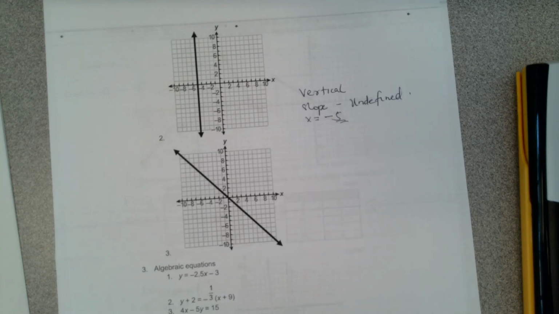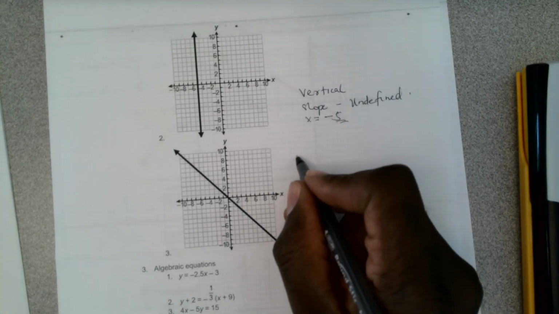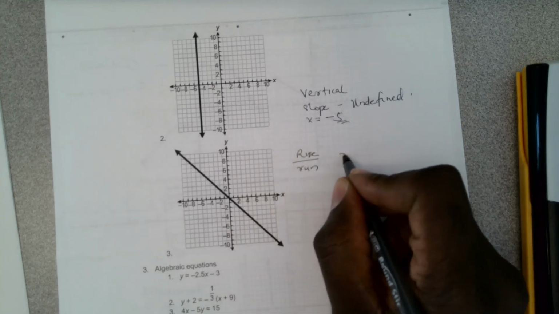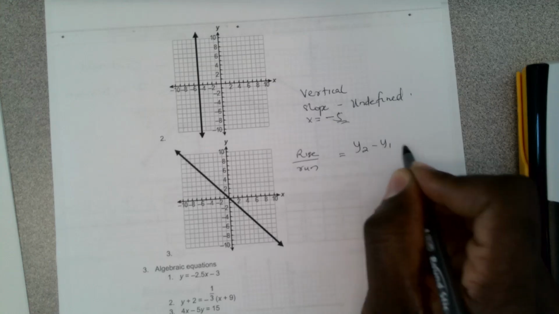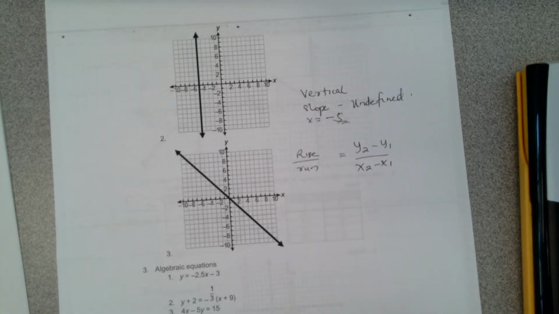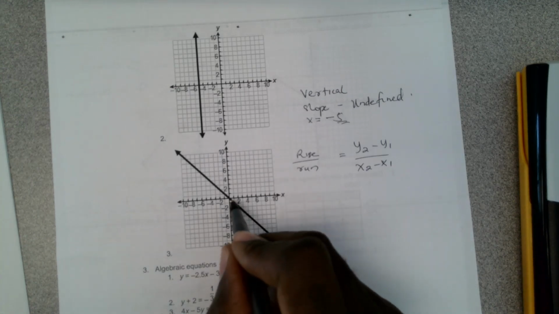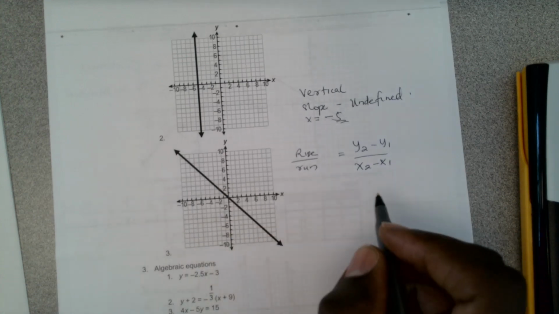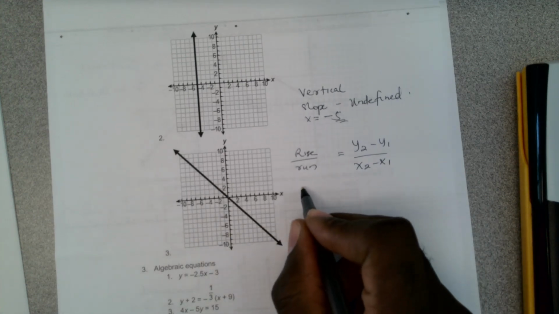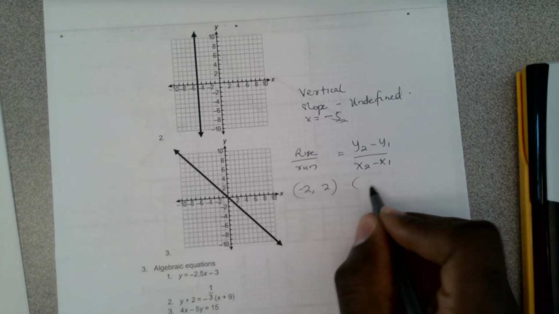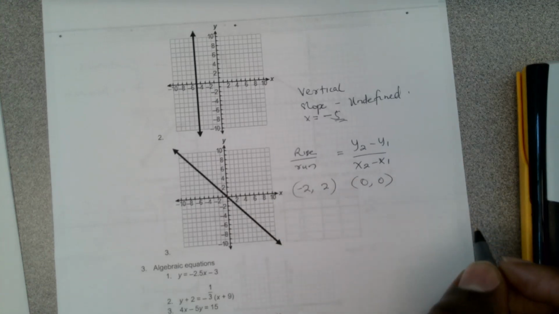The next one, I could use the slope formula, or I could just use rise over run, or y2 minus y1 over x2 minus x1. So for the most part, I may want to use any 2 points. So maybe I use this point and then that point. So my first coordinate is -2, 2, and then the next one is 0, 0.